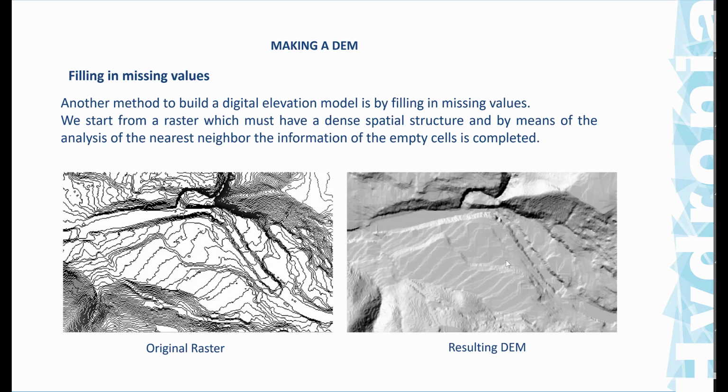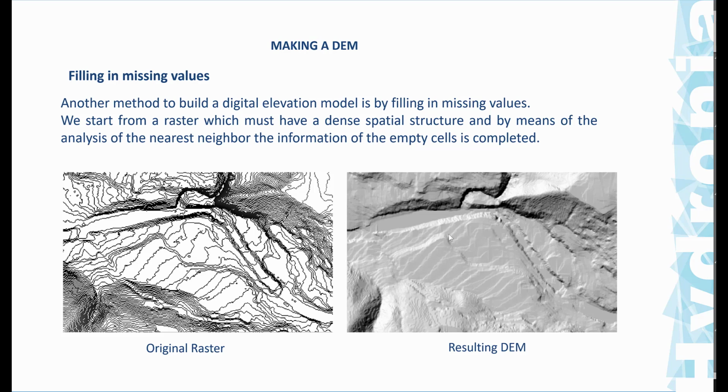Now, another method that is often used to build a digital elevation model is filling the missing values. If you have, for instance, a contour map, as you see here, where each line corresponds to a given elevation and you want to fill this, you have tools that you can use to generate the values in between.